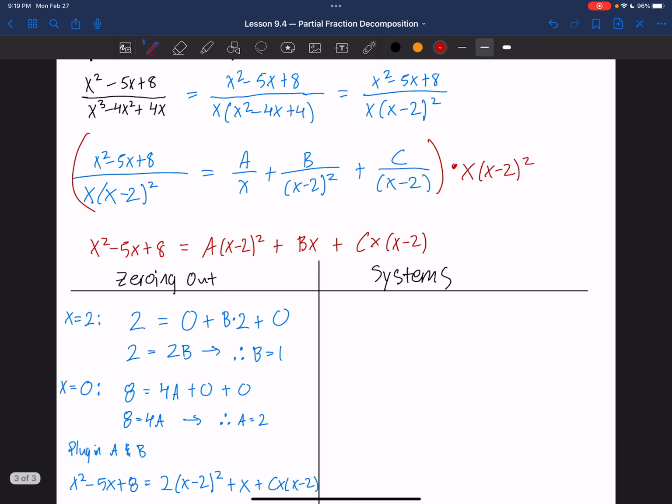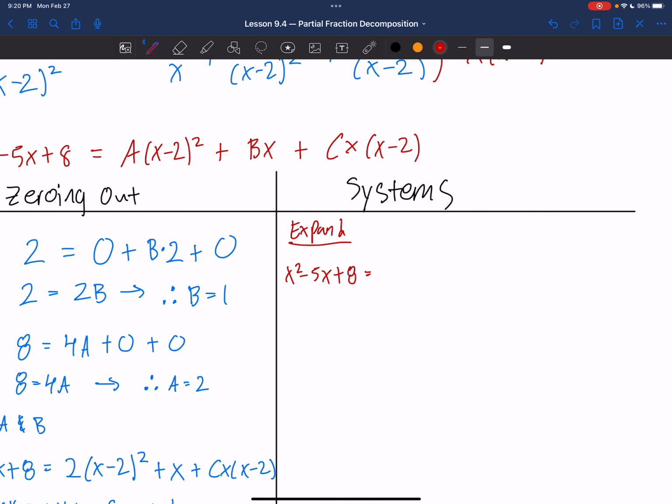So we left off here. Now the strategy from here is to expand. I have x squared minus 5x plus 8 equals, if you expand, a times x minus 2 squared.